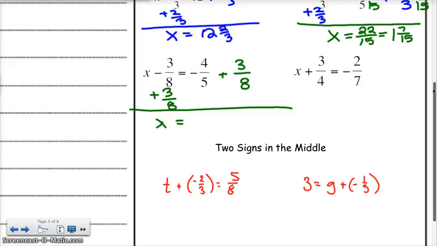Do you love that? The first thing I need to do is get common denominators. 5 times 8 is 40, and it looks like it would be negative 32 and 15. So they're opposite signs, so I'm really going 32 over 40, take away 15 over 40.